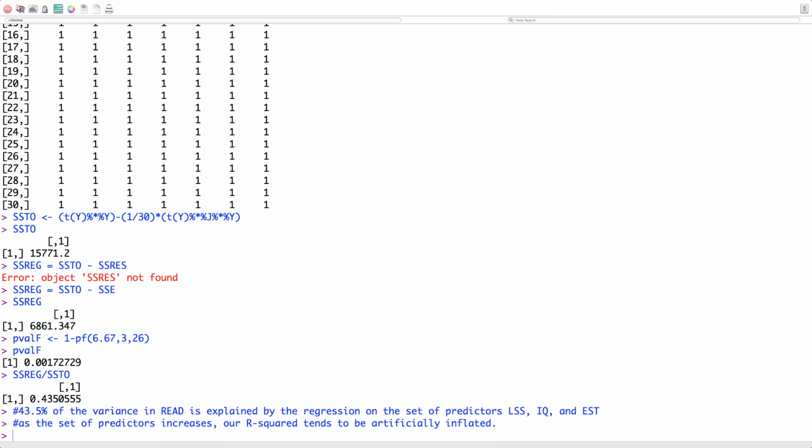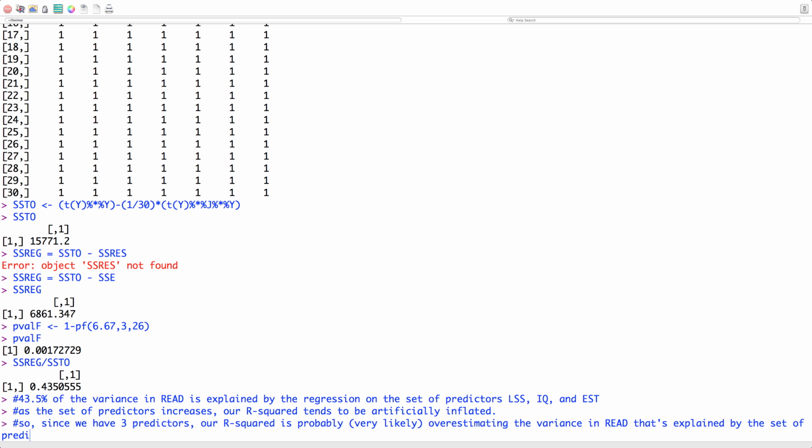So since we have three predictors, our r squared is very likely, in fact, overestimating the variance in read that's explained by the set of predictors.